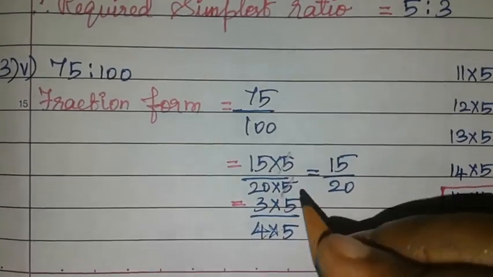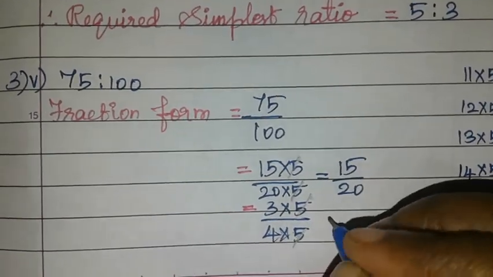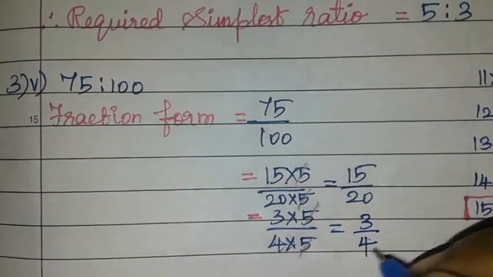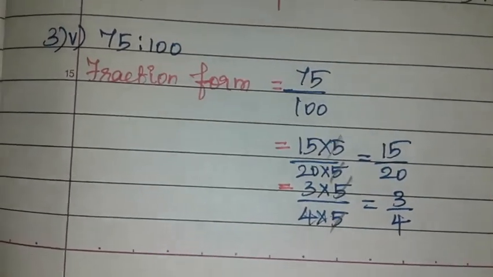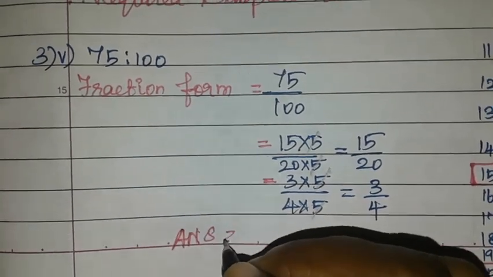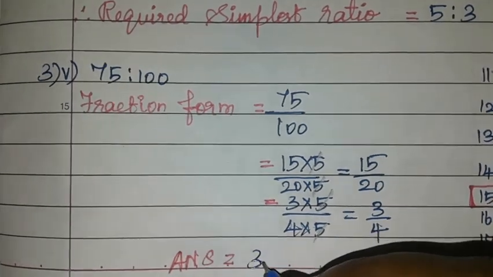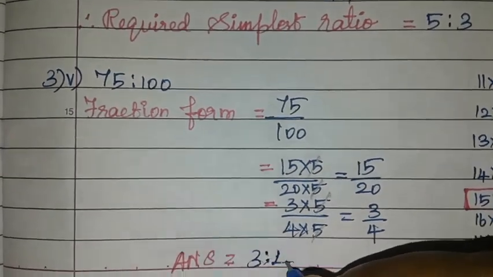Now cancelling the common factor, this 5 and 5. What is the answer now? 3 by 4. Therefore, the required simplest ratio form is 3:4.